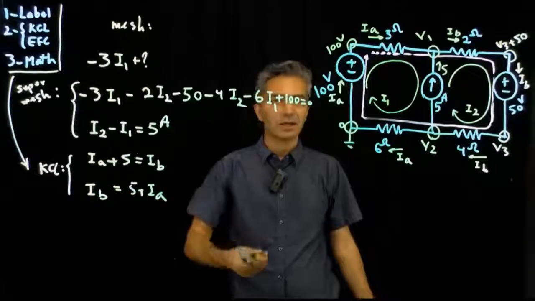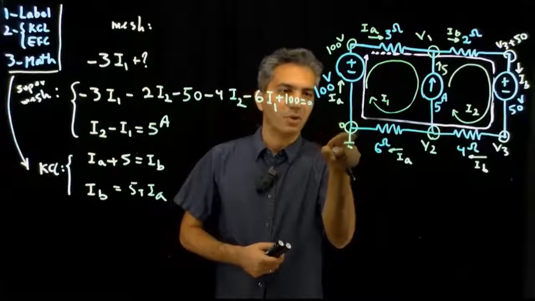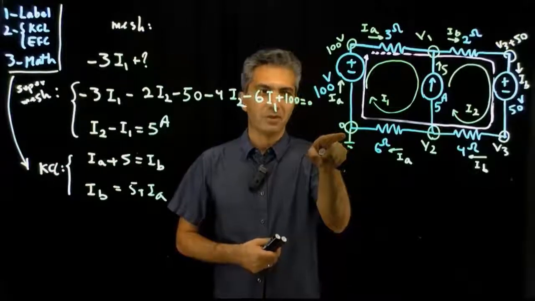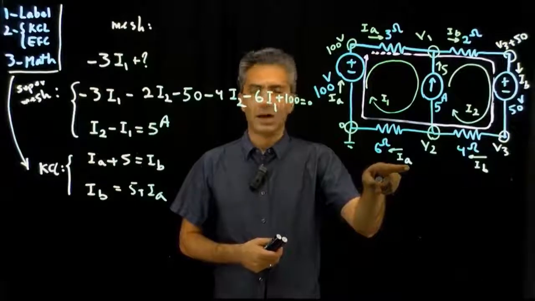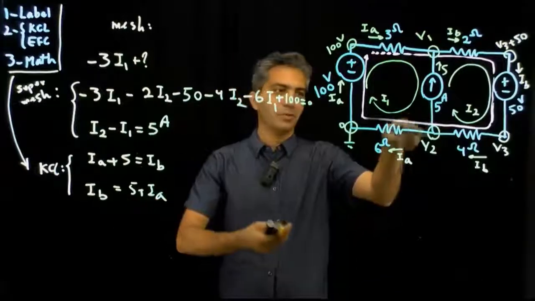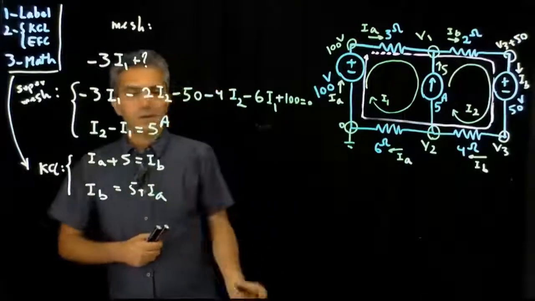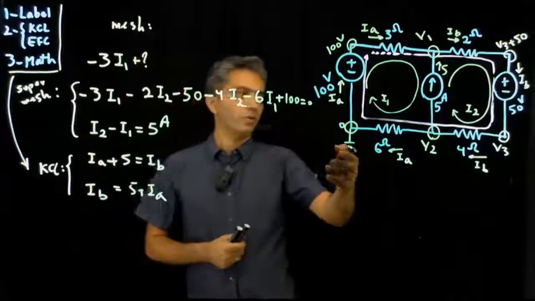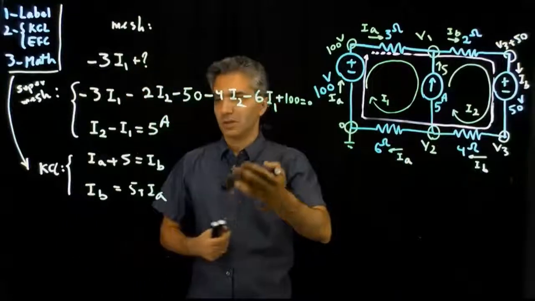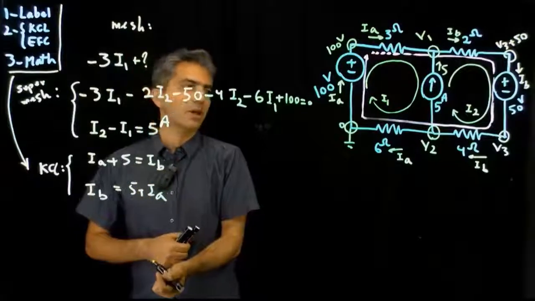Basically, I only needed one KCL. The reason is that I already wrote a KCL for that ground. If I didn't and would call that IC, then I would need another KCL for that one. But at this point, just one KCL would have been enough. Writing KCL for any external node is still correct, but like you see, it's redundant.